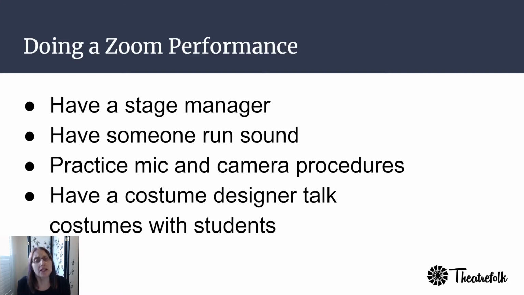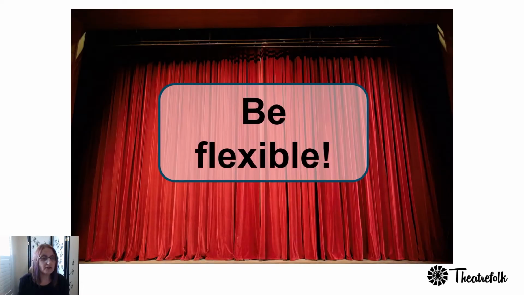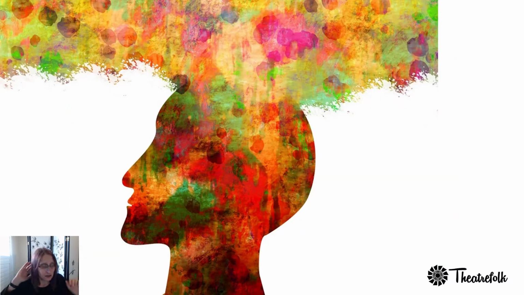Have a costume design student talk to each actor about what they may have at home that they could wear for a costume. And it might be nothing, but allow your tech students to have those conversations. Encourage them to be flexible, to problem solve, to get creative. Now more than ever, your students can put their critical thinking and their creative thinking skills to the test.